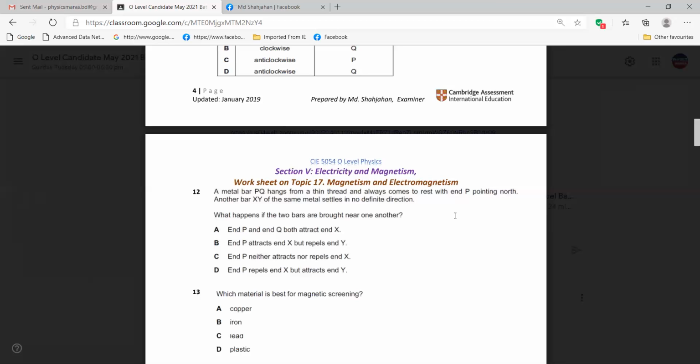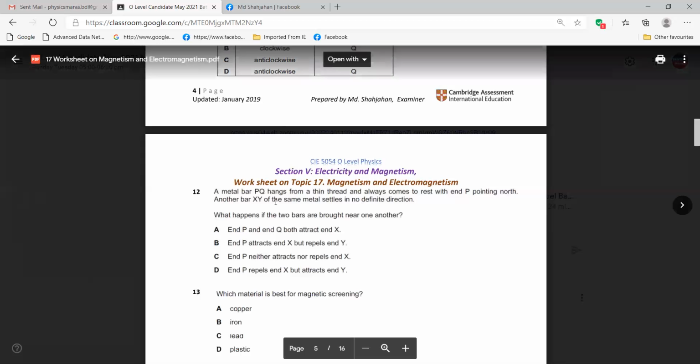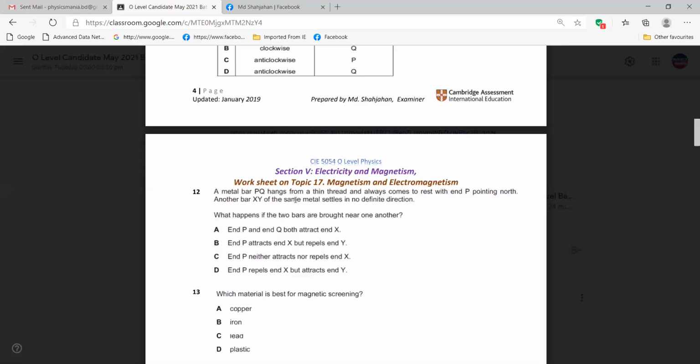Now underline here where it is written same metal, then just below it, write here: it's a magnetic material.